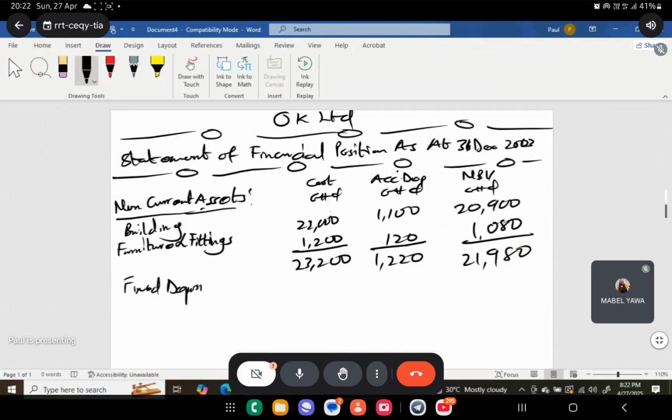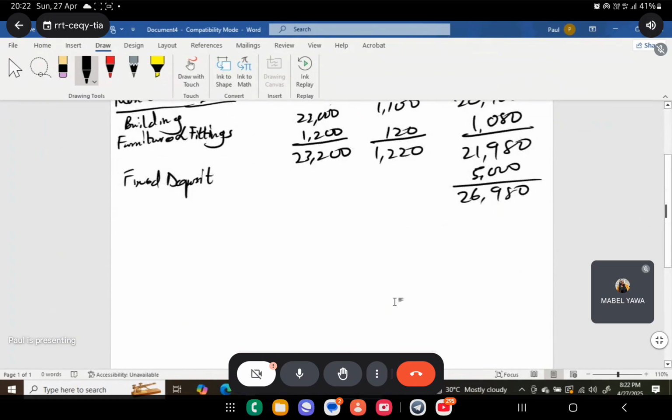When you add the 5,000, you get 26,000 as your non-current assets. Then you add current assets.